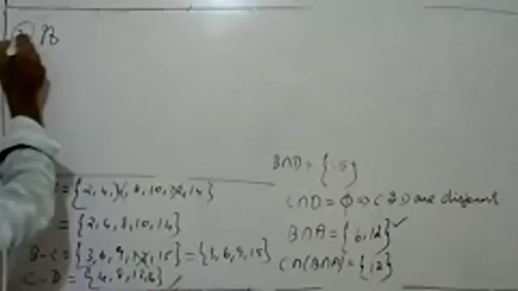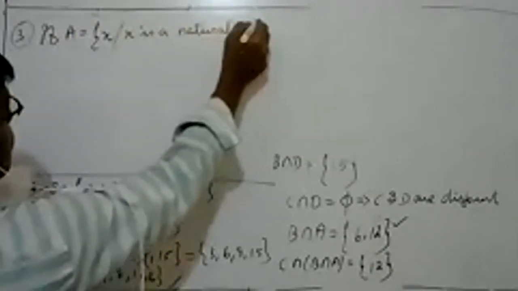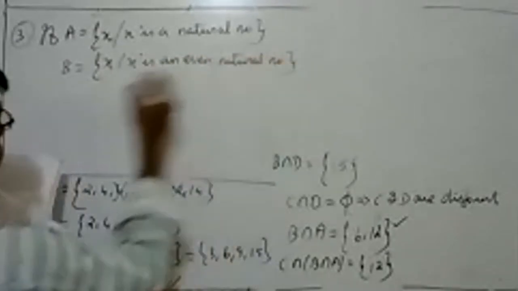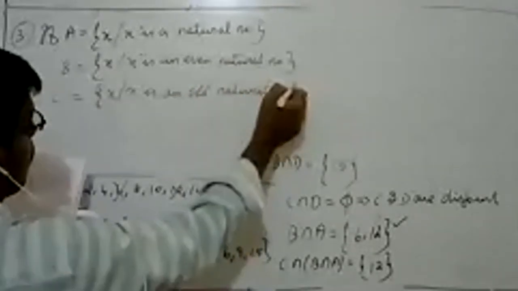The third problem: if A is the set of all x, x is a natural number; B, x is an even natural number; C, the set of all x, x is an odd natural number; D, x is a prime number.